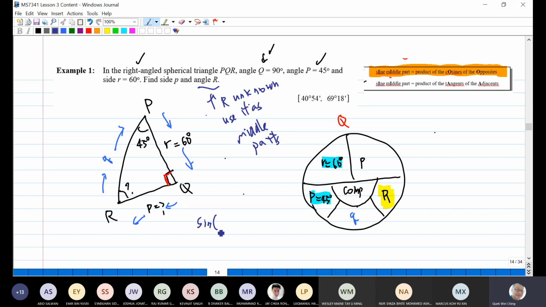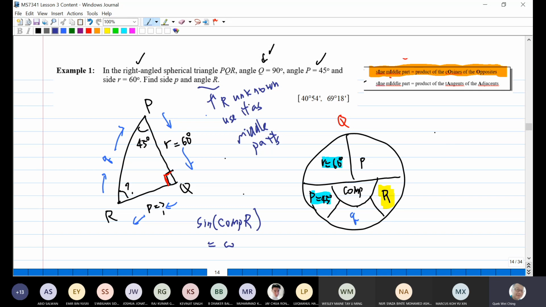Sine. Okay, R is below the circle, right? Lower part of the circle. So I should plot sine com R. Because it's at the lower part, we use com here, equal to cosine, product of cosine of the opposite, right?